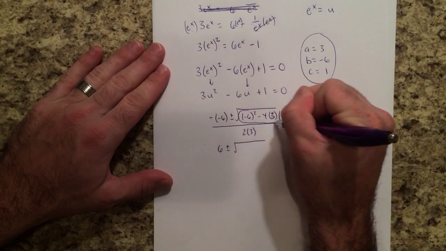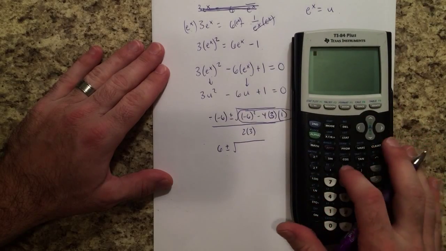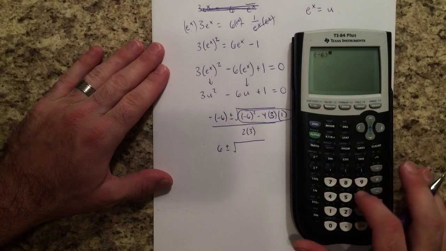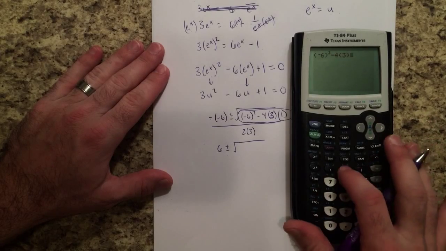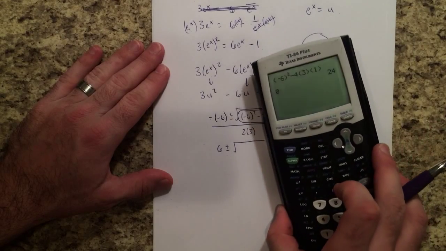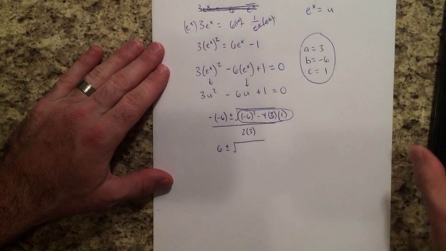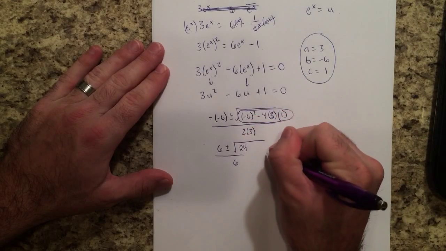I need to plug all this in the calculator. So I have negative 6 squared minus 4 times 3 times 1. That gives me 24. I don't know if you can see that with the glare. That gave me 24. So I have the square root of 24 all over 6.